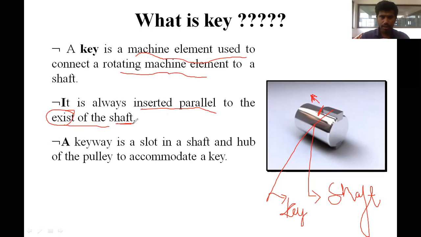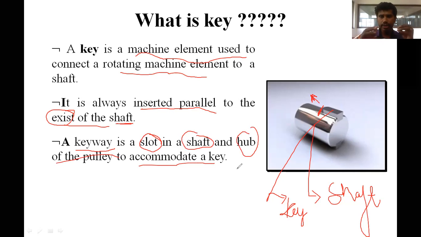A keyway is a slot in a shaft and hub of a pulley to accommodate a key. The prime movers or electrical motors are run with the help of pulleys or gear trains.